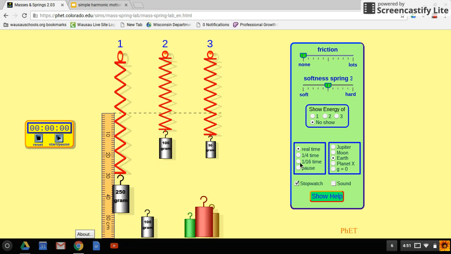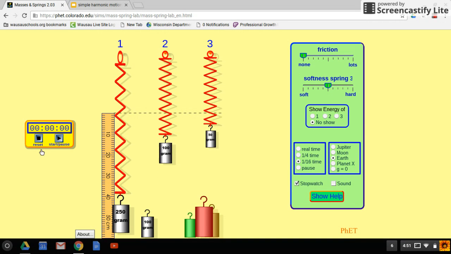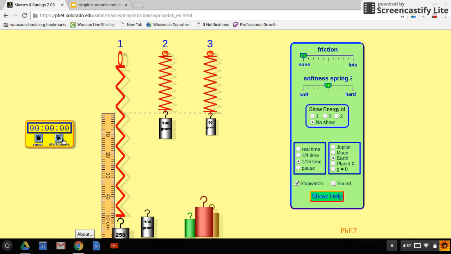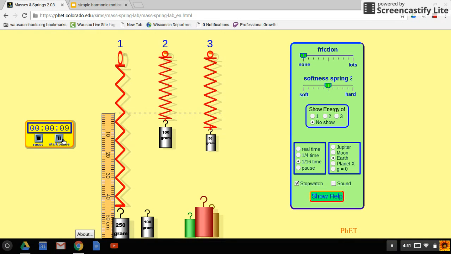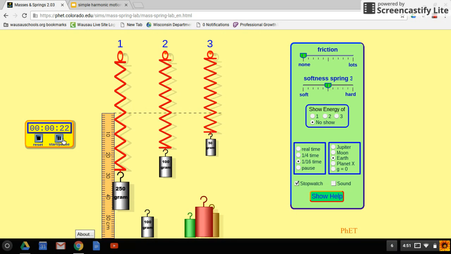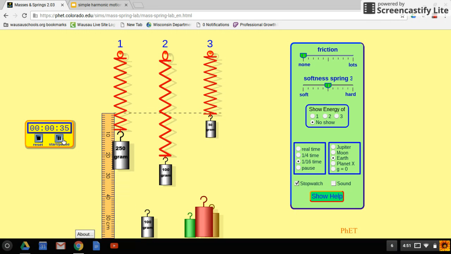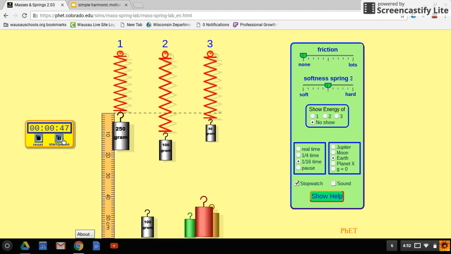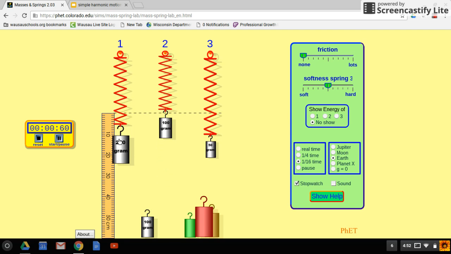Well, it might be kind of hard to see, so let's slow this down. So it takes, what was it, half a second roughly, for this one to get up and down.